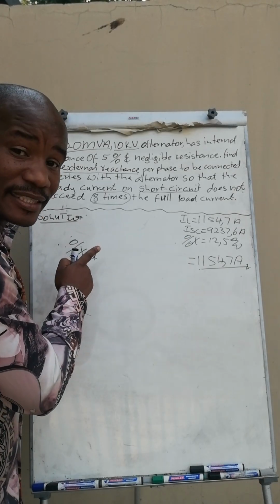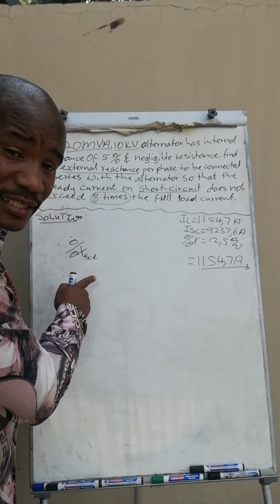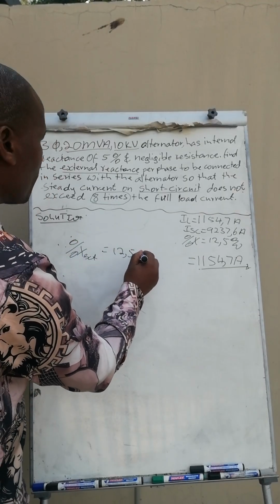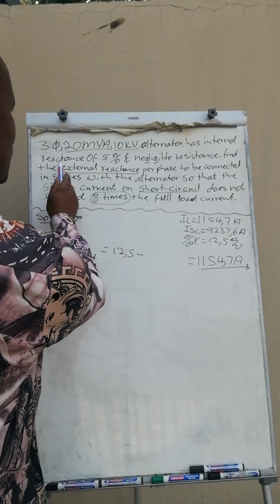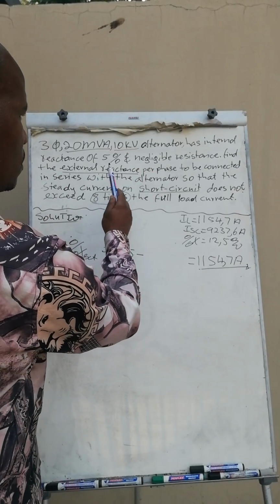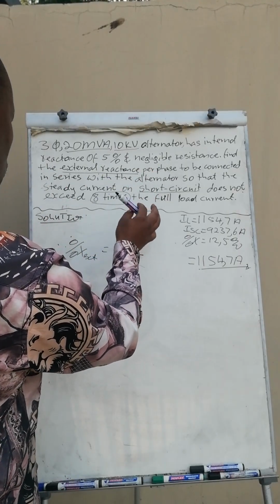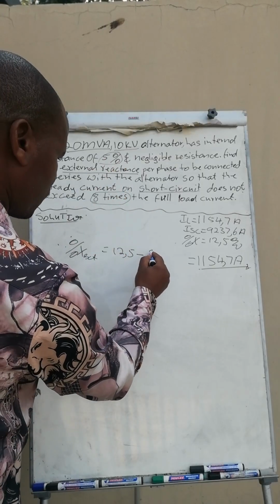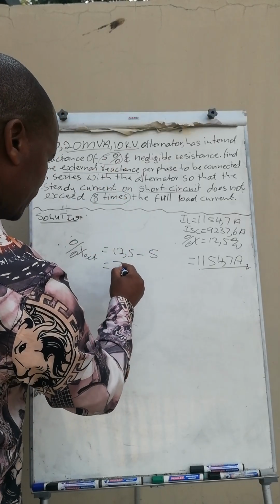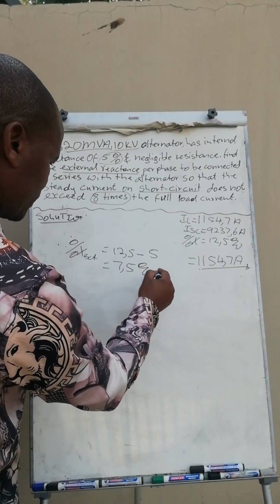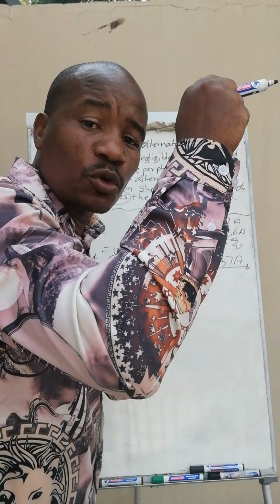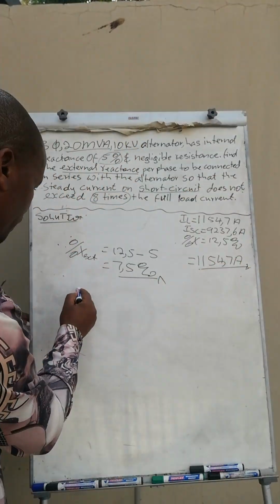The percentage, not the reactance, the percentage reactance is equal to what? 12.5 minus 5%, which is equal to 7.5%. Now we come to that initial formula that I showed you earlier.